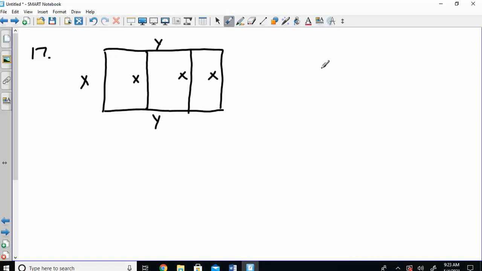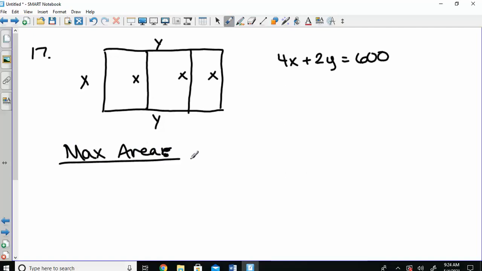We have 600 meters of fence, so what do I do? Add all those up, 4x plus 2y, and it equals 600. I want the maximum area. Area is length times width, so x times y.